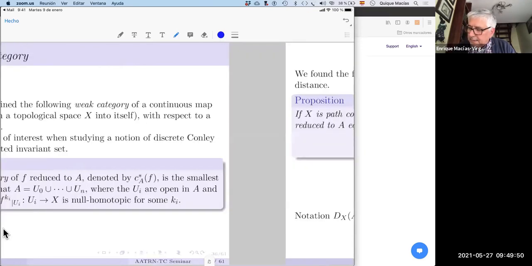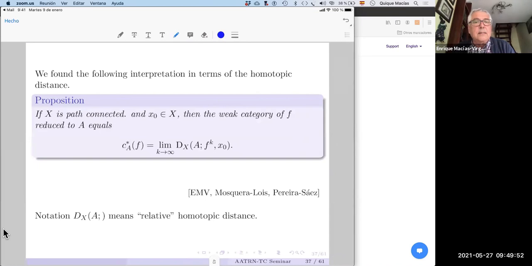And we interpret that in terms of the distance, saying that the weak category is the limit of these distances from F^k to the constant map.